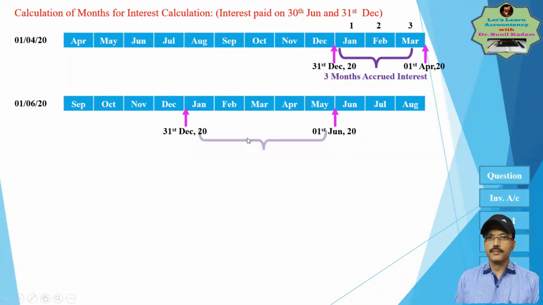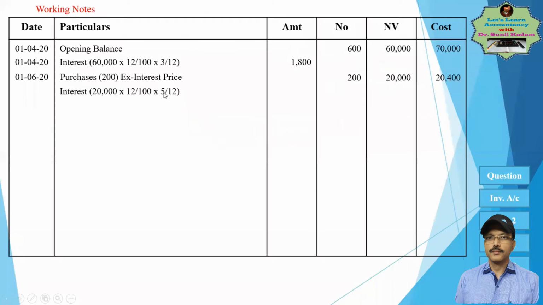The difference between these two dates is Jan 1st, February 2nd, March 3rd, April 4th, May 5th. So 5 months of accrued interest is calculated. So in the working note, we have taken 20,000, 12% for 5 months. So the amount comes to 1,000.